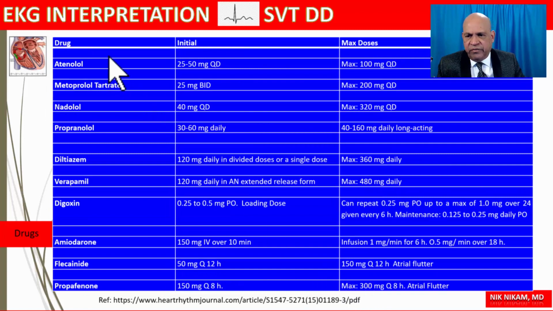And these are the drugs which are used orally for long-term management of supraventricular arrhythmias. Just go through each one of these drugs, their initial doses and maximum doses, and this will come in extremely handy when you're dealing with patients in a clinical setup in the hospital or in the clinic, so that you can appropriately adjust these dosages to get the optimal ventricular rate or maybe even convert these patients to sinus rhythm.